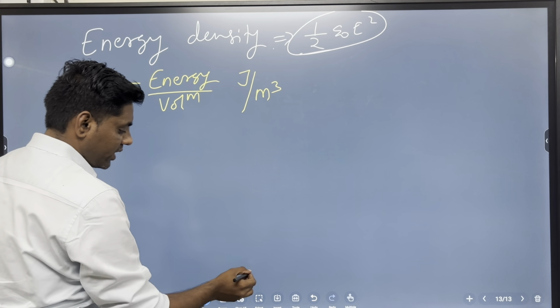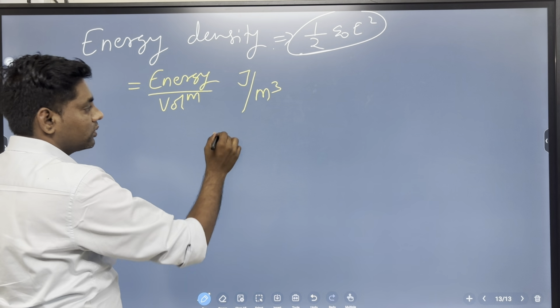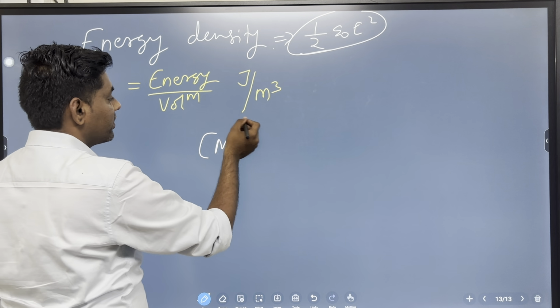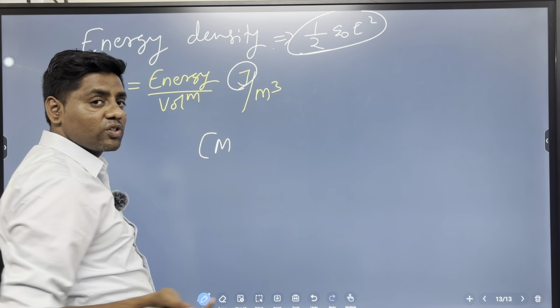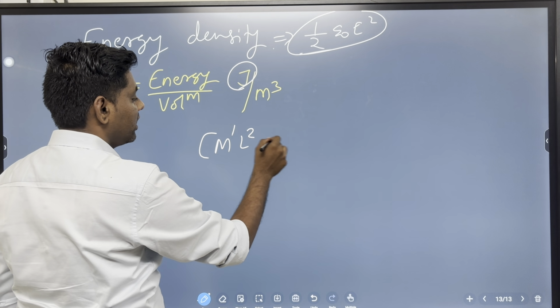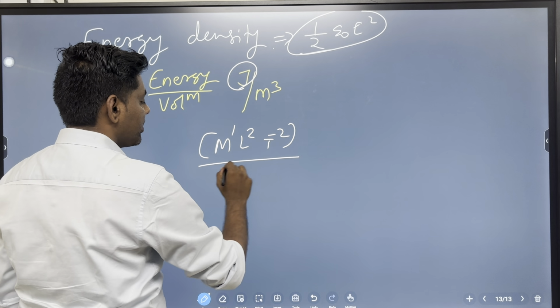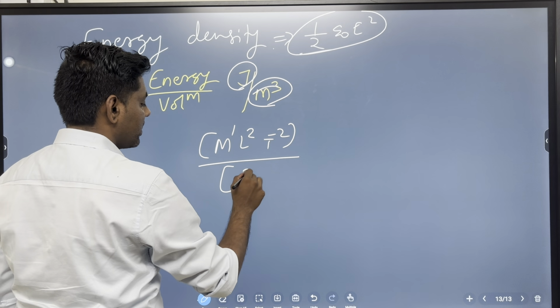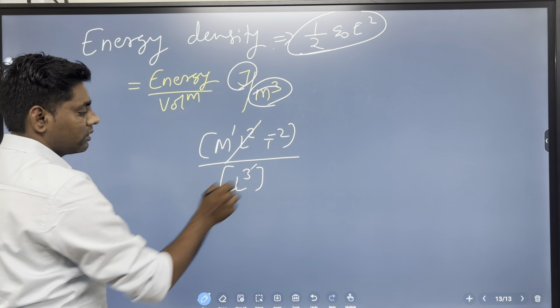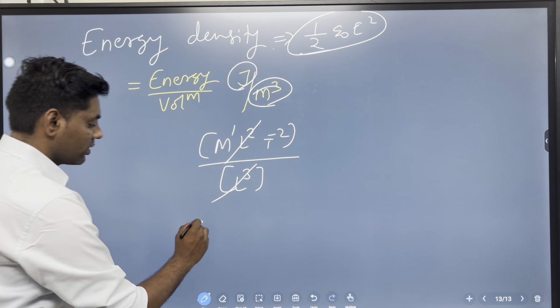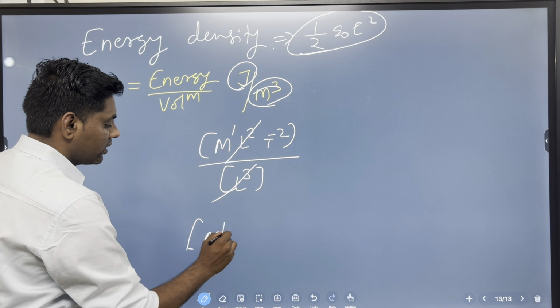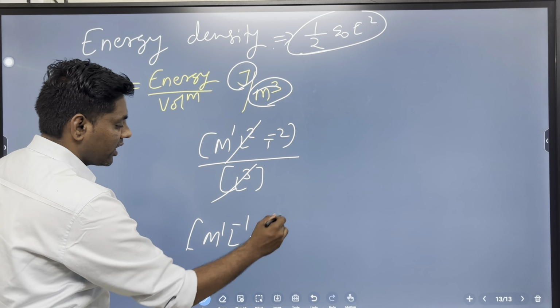So from here we can calculate the SI unit. What is the dimensional formula for joule? M1 L2 T minus 2. Then the dimensional formula for meter cube is L3. So from here L2 gets cancelled, and the remaining answer is M1 L minus 1 T minus 2.